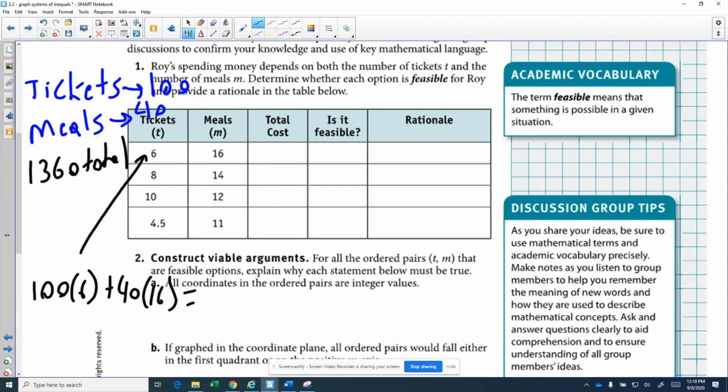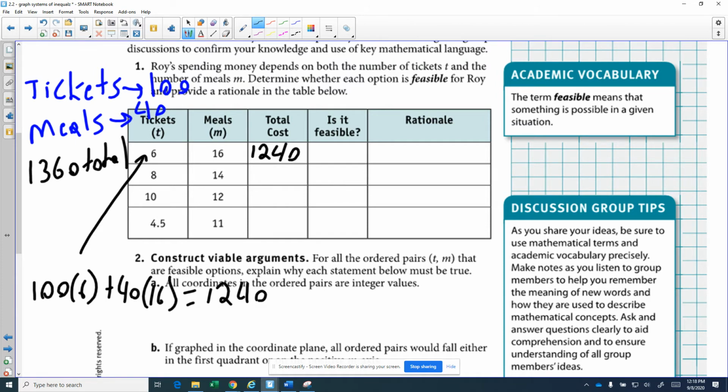Well, if I actually work that out, I would get a value of 1240. So the total cost of all that would be $1,240.